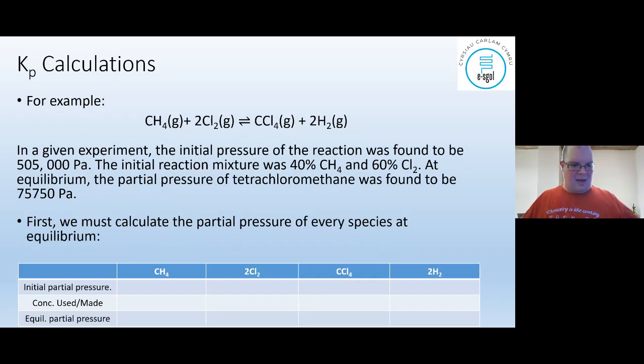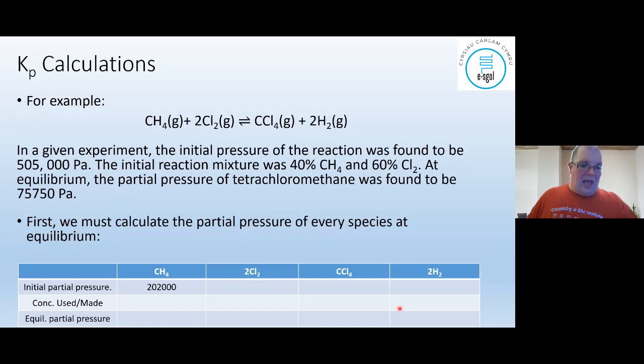This is again a method that I use and I think is really useful. So we fill in the information that we know. What we know is that the total pressure is 505,000 pascals, and that the reaction mixture is 40% methane and 60% chlorine. So we work out 40% of 505,000 to get our partial pressure of methane, and it turns out to be 202,000.